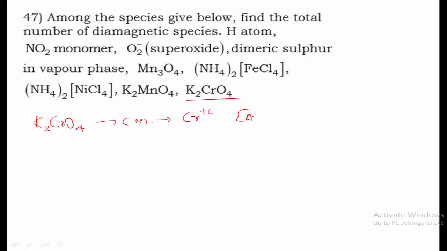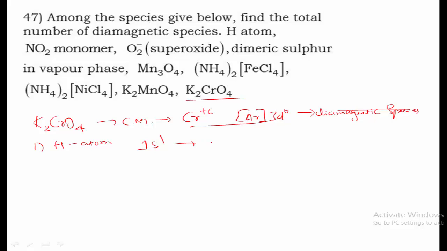It can be given as [Ar]3d0. Since all the electrons are paired, it is a diamagnetic species.